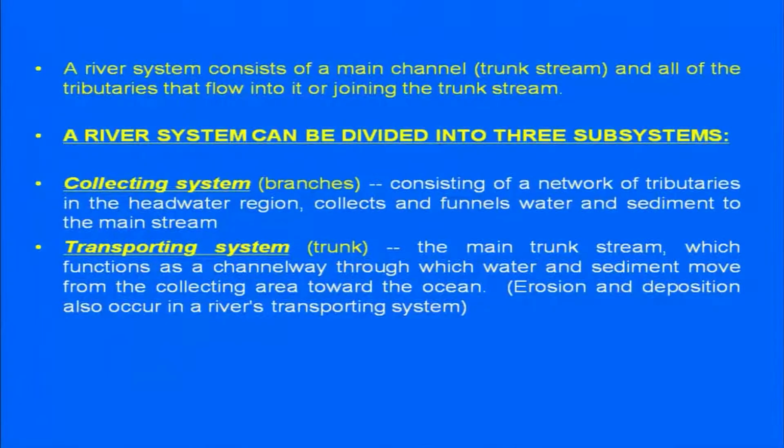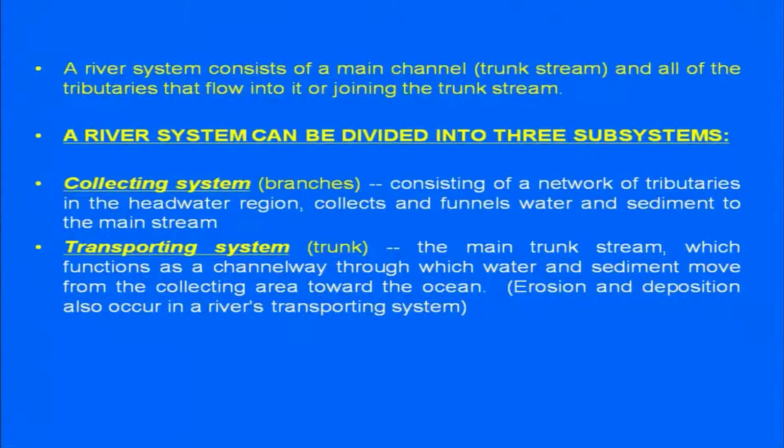Then comes the transporting system. So whatever the material, that is the sediments collected and poured into the trunk stream, is transported. So the transporting system, the main trunk stream, functions as a channel way through which the water and the sediment move from the collecting area towards the ocean.